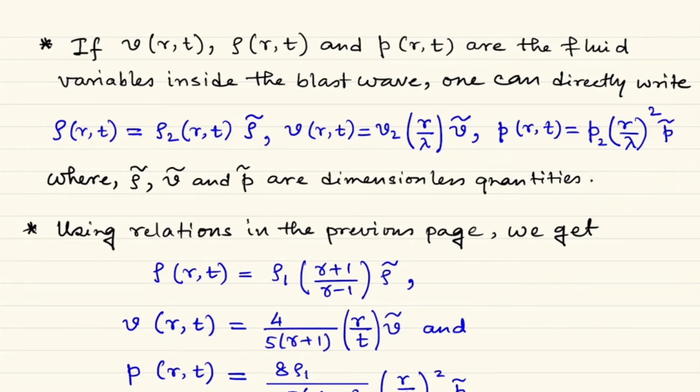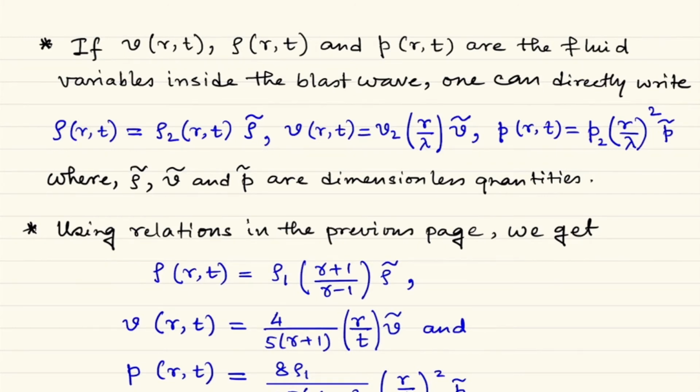Now, why did this (r by lambda) squared come? For clarifying this part, I will skip some steps of calculations, but you can check over the internet or in very good books, for example Clark and Carswell, which I recommended in the references. You can go through that.